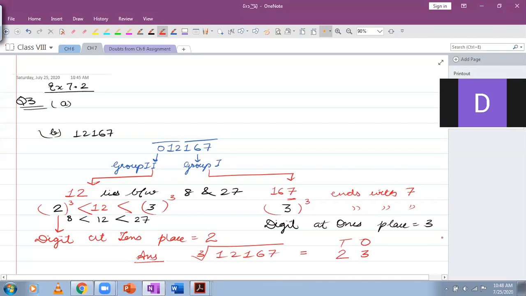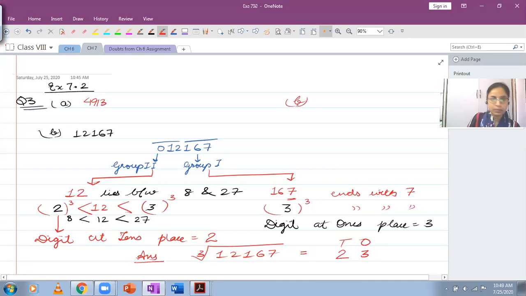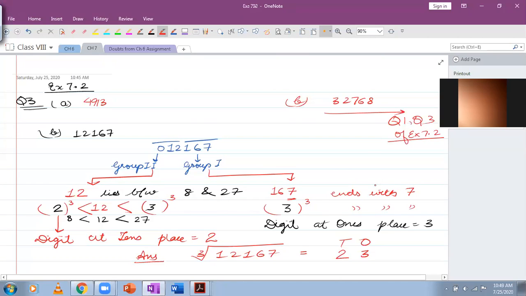All right. So try doing the other two parts yourself. A part is 4913 and B part is 32768. So complete question number 1 and question number 3 of exercise 7.2, and we will discuss true false the next time. All right?